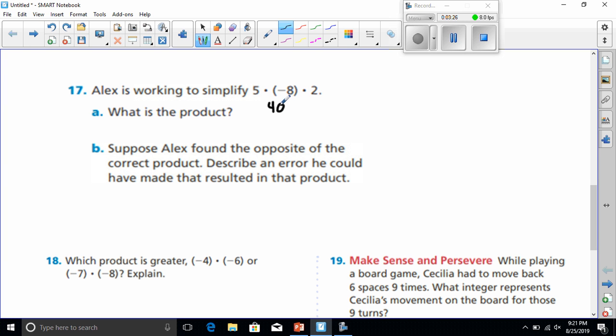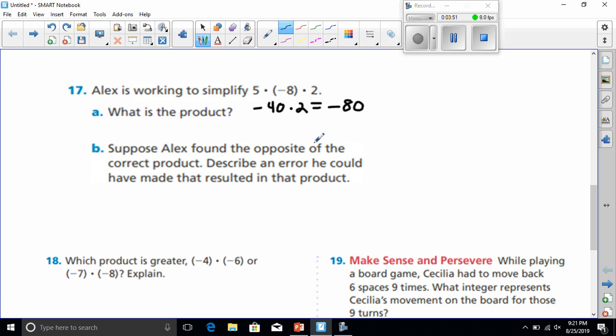And we have a positive times a negative, so that'd be -40. And so now we have -40 times 2. Once again, we have a negative number times a positive number. So that's going to give us a negative answer, and 40 times 2 is 80. So the product of 5 times -8 times 2 is -80.